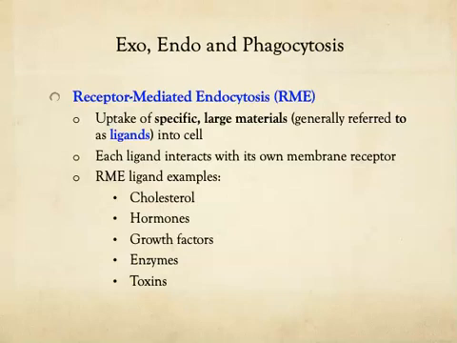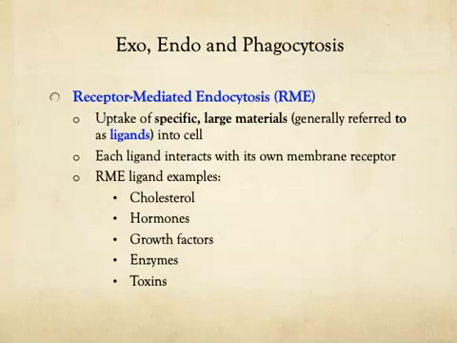Now you might say, well, if they're large, why don't we call this phagocytosis? And the answer is because of the specific nature of the interaction between the molecule and a receptor for the molecule. There is a very particular receptor for these molecules.